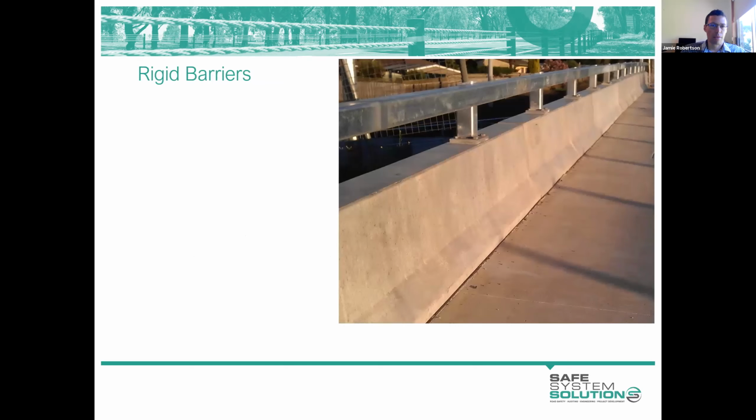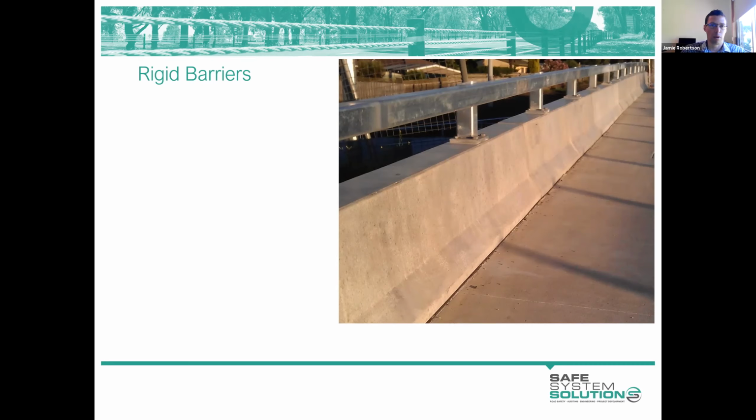The rigid barrier category, we see them typically at bridges, perhaps that median of an urban freeway. We see them in those situations because of that potential for a secondary event if and when a vehicle does penetrate the barrier. So they're located where we must prevent that heavy vehicle in particular from penetrating the barrier at all costs.